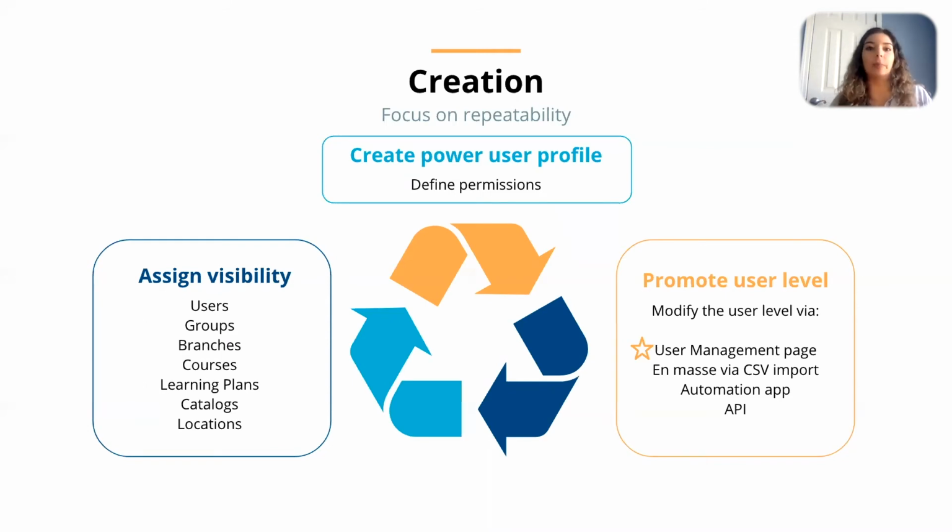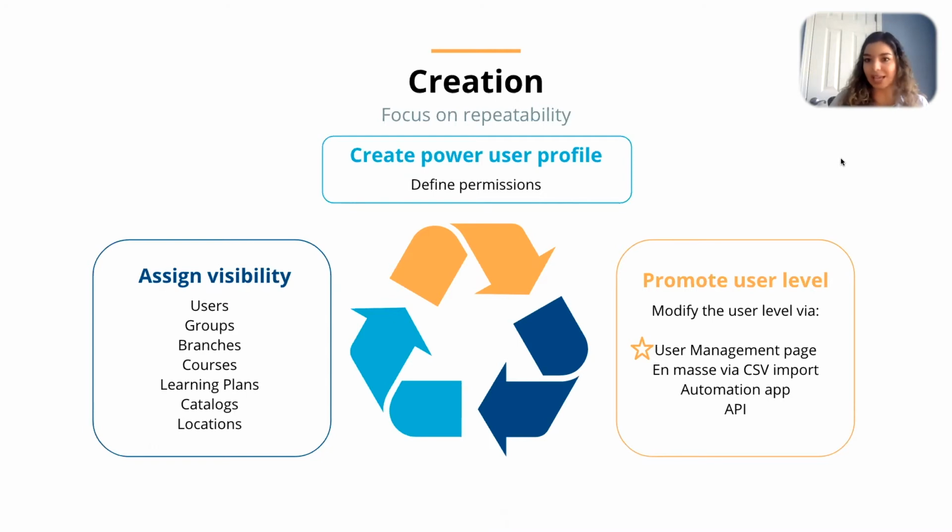Just hopping into the Power User app, you can go ahead and do everything from there, which is really nice. This is now possible with their latest enhancement: you can configure the Power User fully just directly within the app, the app of the Power Users, right? Where you can go ahead, select the Power User to change their level, assign the proper profile to them, and then continue to assign the visibility.